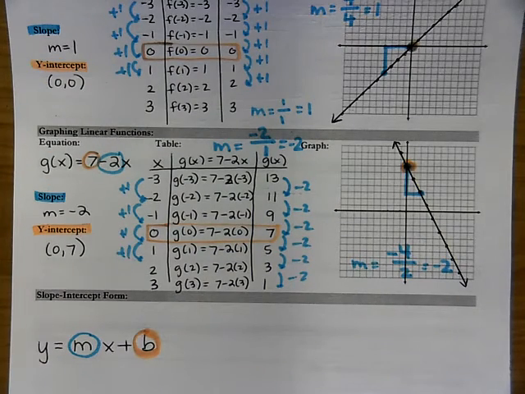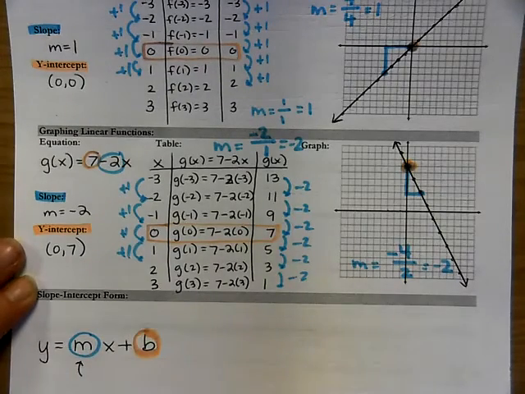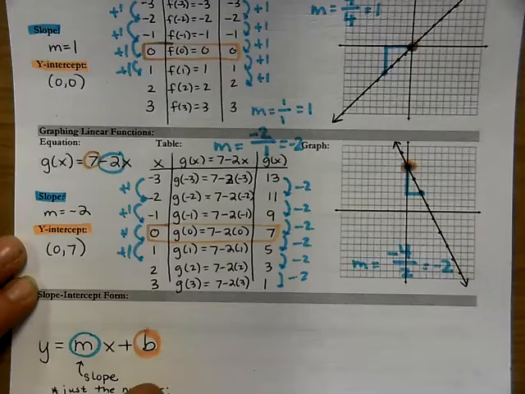Okay? So here, let's draw a little arrow. M will represent the slope. Note, it is just the number. It is not the x.